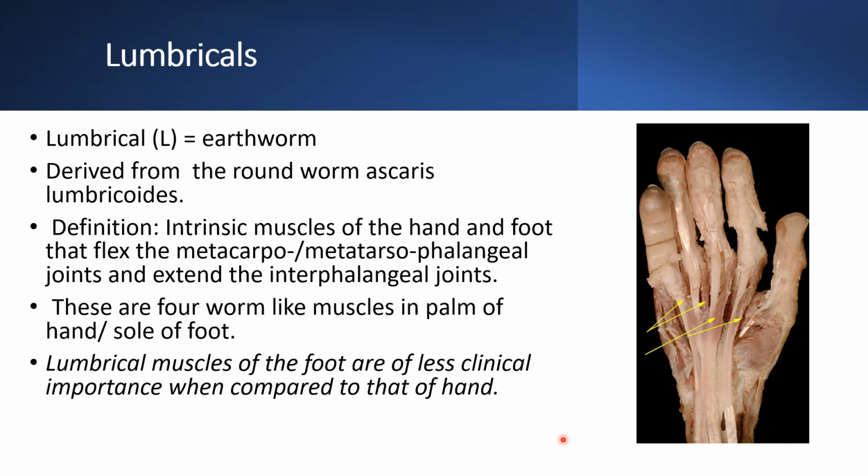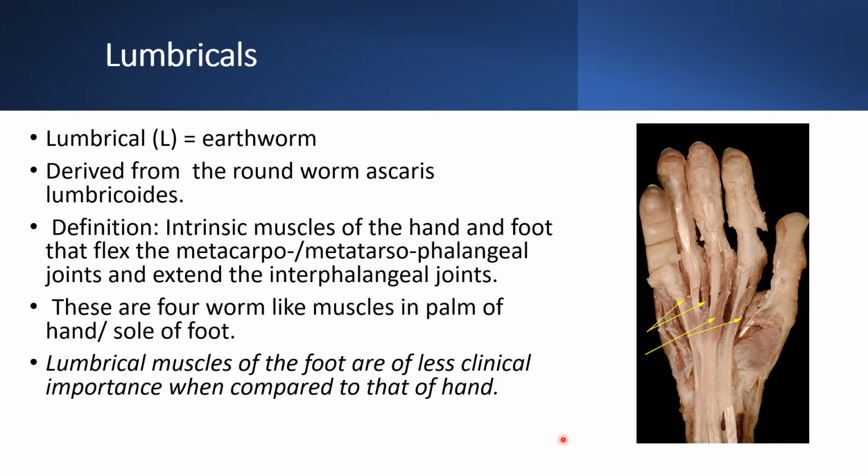The intrinsic muscles of hand or foot flex at the metacarpophalangeal or metatarsophalangeal joints and extend the interphalangeal joints. So they have a double action, and opposite actions: flexion at the metacarpophalangeal or metatarsophalangeal joints and extension at the interphalangeal joints.